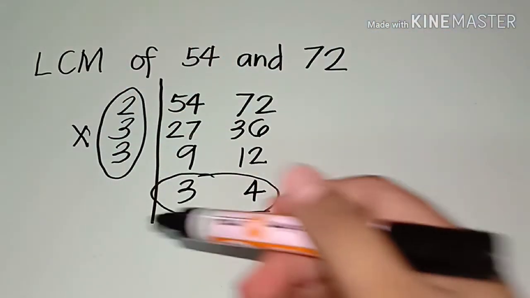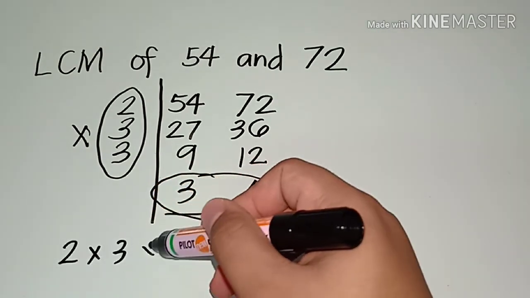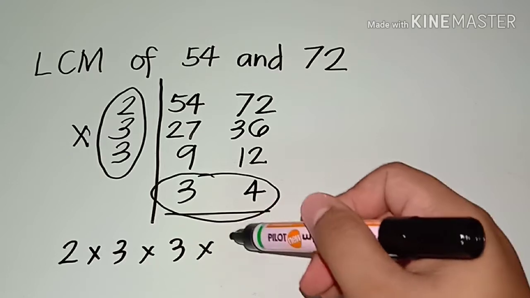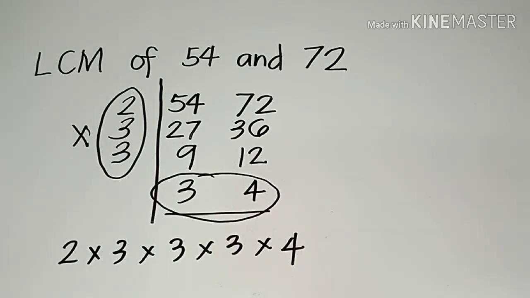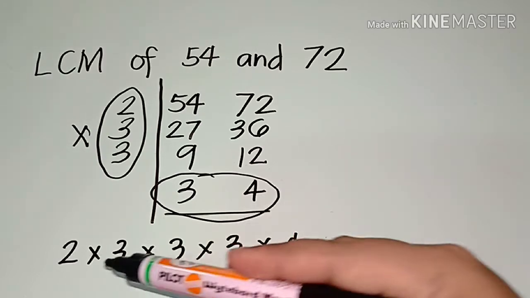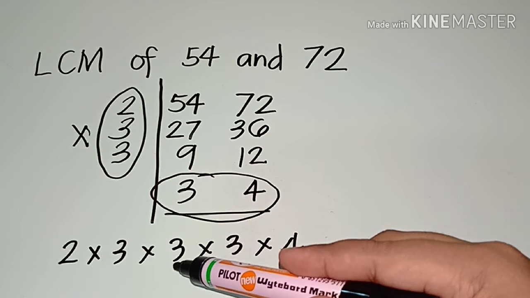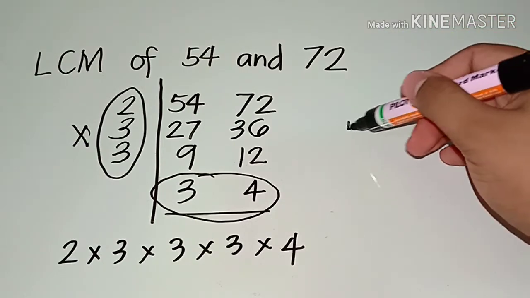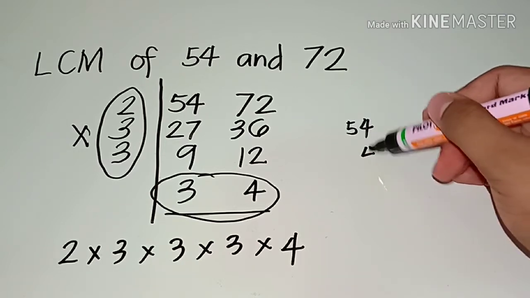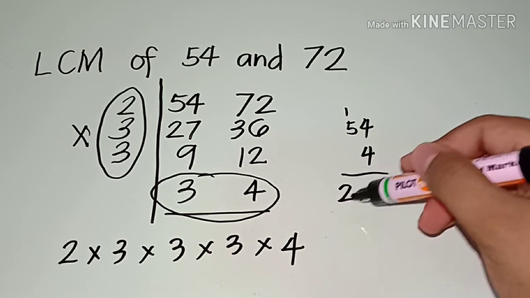So that means you will have 2 times 3 times 3 times 3 times 4. Just multiply those numbers. We have 2 times 3, which is 6, times 3 is 18, times 3 is 54. Then 54 times 4 is 216.